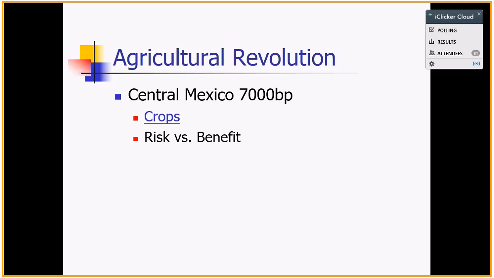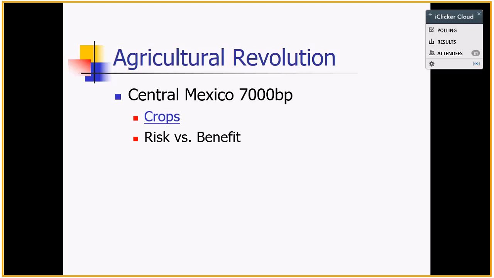And so each group then has to make this decision at some point. Do the risks outweigh the benefits, or do the benefits outweigh the risks? Now, those groups that successfully adopt agriculture will become the most sophisticated, the most complex, and the largest of these New World human societies.